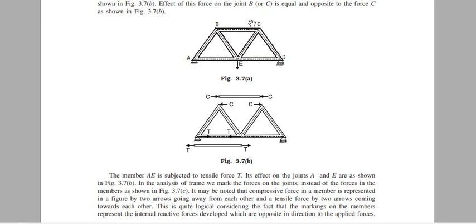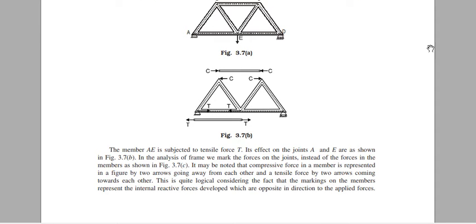The member AE is subjected to tensile force T. Its effect on the joints A and E is as shown in Fig 3.7, B. In the analysis of a frame we mark the forces on the joints, instead of the forces in the members, as shown in Fig 3.7, C. It may be noted that a compressive force in a member is represented in a figure by two arrows going away from each other and a tensile force by two arrows coming towards each other.